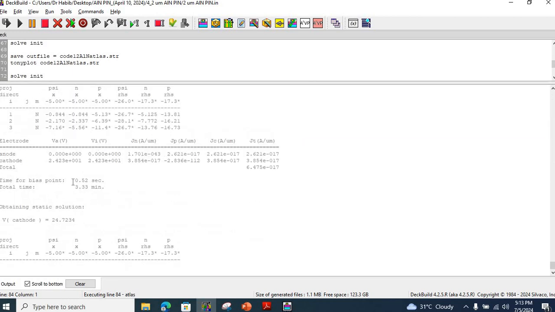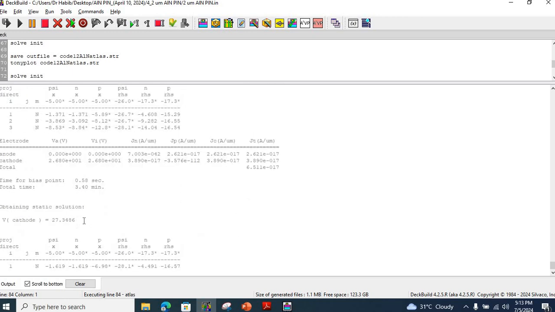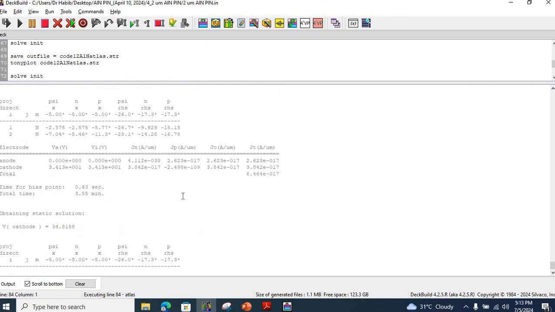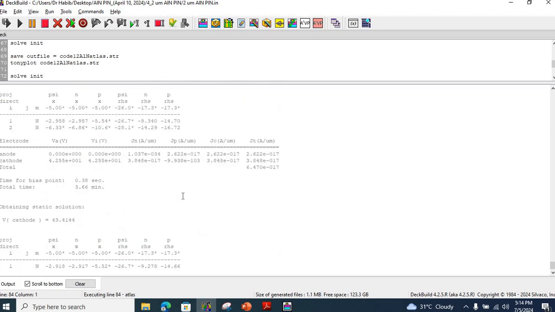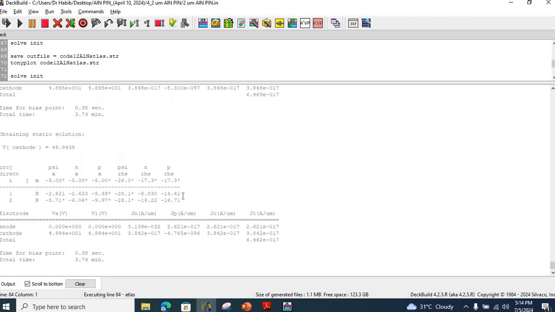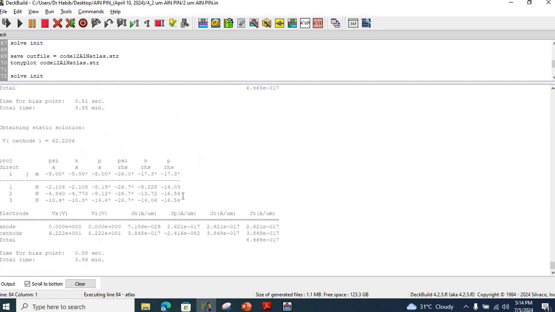So as you can see over here, the voltage has increased to approximately 26 volts, 27, 28, and it's going to keep increasing until the cathode current arrives at 1 milliamps. So we have kind of set the breakdown current to 1 milliamps. So let's wait and watch until this curve tracing is finished.